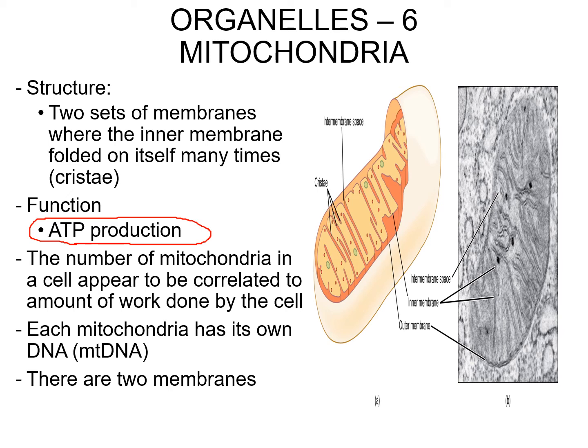Now, as you can see, the number of mitochondria in a cell depends on how much work is needed by that cell. So, for example, certain cells near the surface of your skin don't do too much, right? Your skin is there to protect you, yes, but there's not a lot of crazy things going on physiologically with your skin compared to your muscle cells.